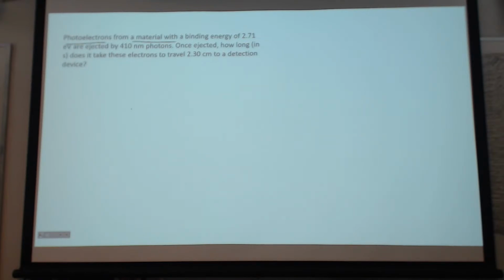Okay. Material with volume energy, 2 points. What are your numbers? My wavelength is 450 nanometers. Binding energy is 2.71 electron volts. And the distance is 2.6 centimeters.